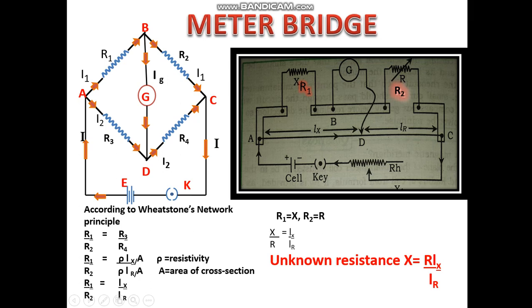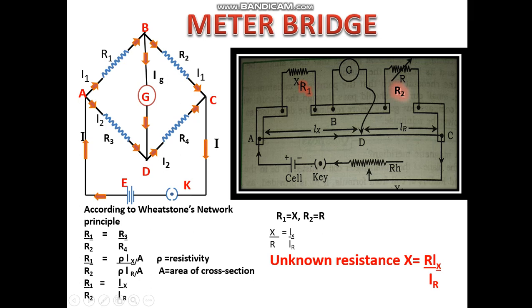R1 by R2 are resistances, but R3 and R4 are in the form of length of the wire. So we can transform it by writing in terms of resistivity or specific resistance of the wire. R3 is comparable to rho Lx by A. R4 will be rho Lr by A. Now, Lx and Lr are the lengths when the bridge is balanced.